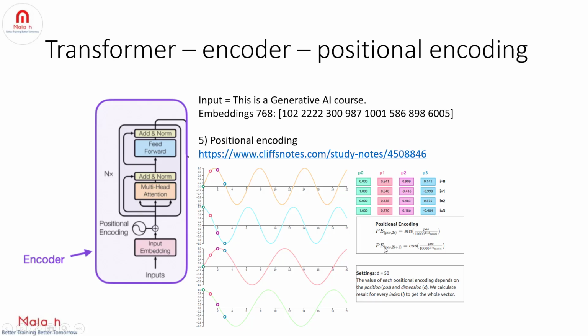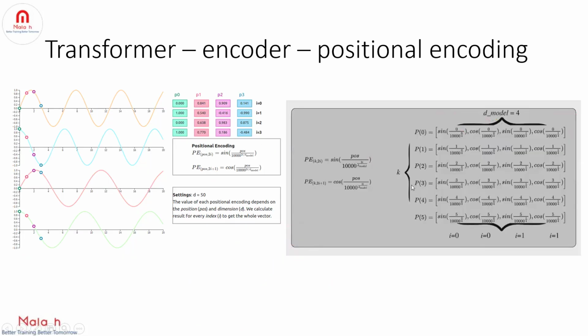This is how we calculate positional encodings by using sine and cosine functions. Here POS means the position of the word, and i is the index, with sine for the even dimension and cosine for the odd one. So for each index 0 and 1, we do sine and cosine, right? Here sine and cosine, as a pair, we calculate for each embedding.